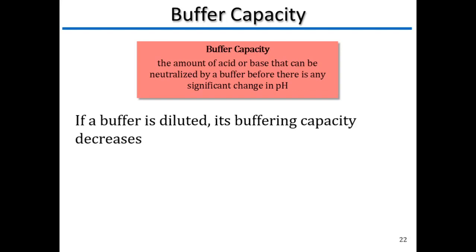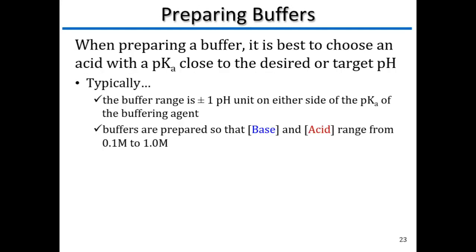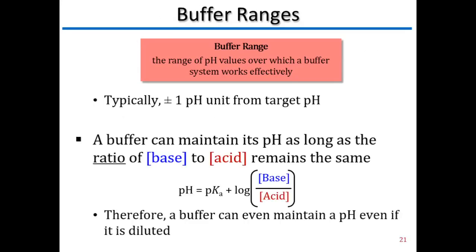Okay, so I kind of misspoke before. This is what I'm talking about when I'm talking about how much acid or how much base I can add to something. I can't just infinitely add acid or base to a buffer without changing the pH, because eventually, going back to our Henderson-Hasselbalch equation, if you remember, we talked about this ratio changing as I add acid or base, so the H+ is being consumed, or the A- is being consumed, or the HA is being consumed.